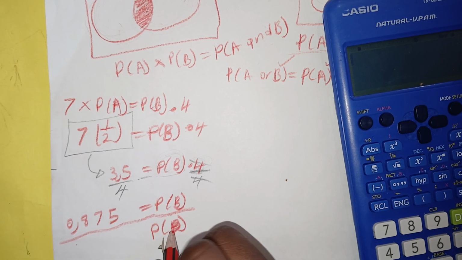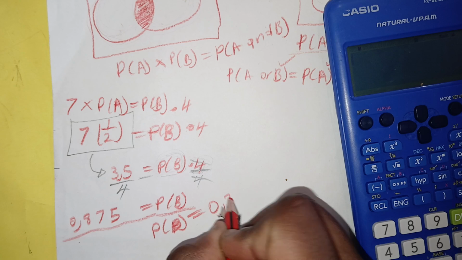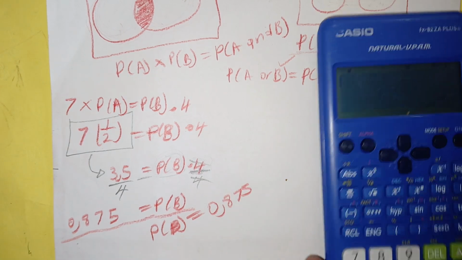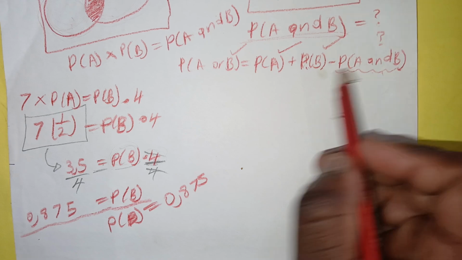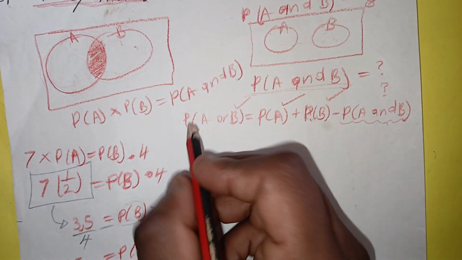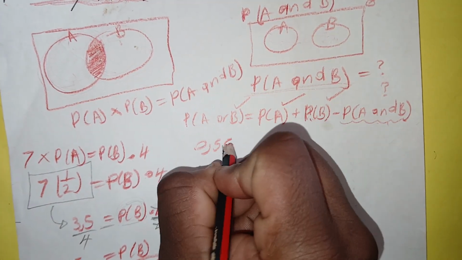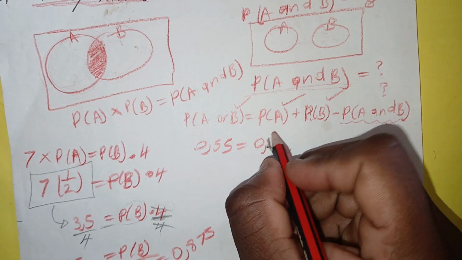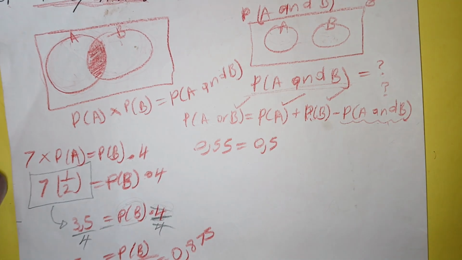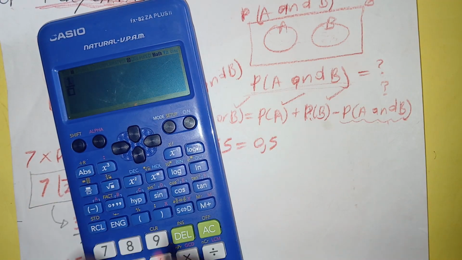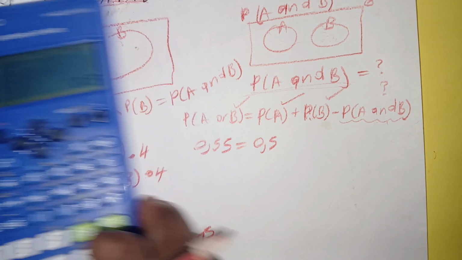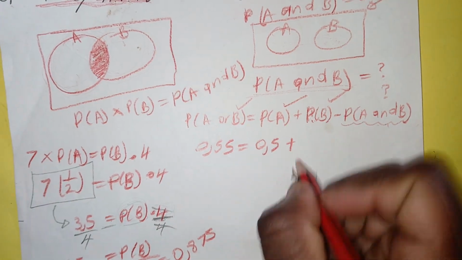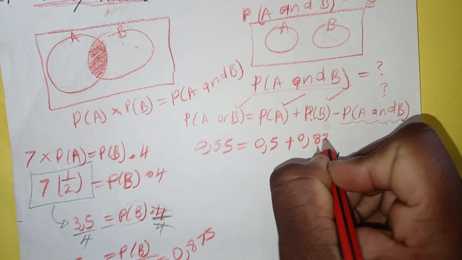Of B. Probability of B here. We know it. So by knowing this probability of B, we can substitute and solve this thing. So let's substitute what we are given. Given this thing and 0,5, because 1 over 2 is 0,5. You see? Plus, so this one I solved there.